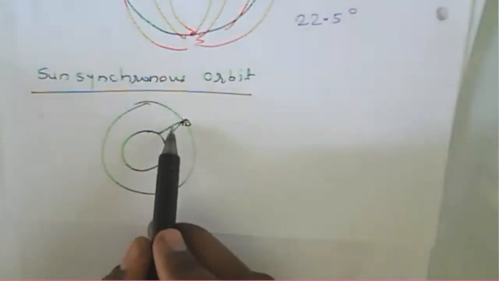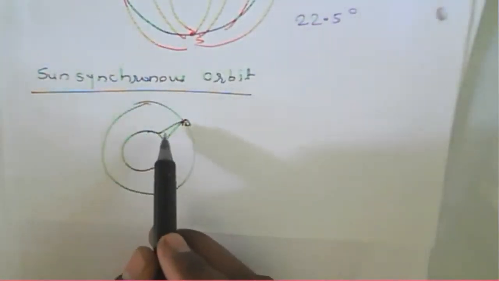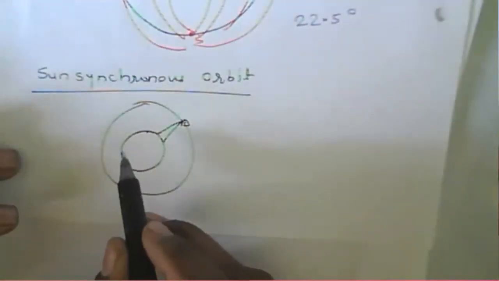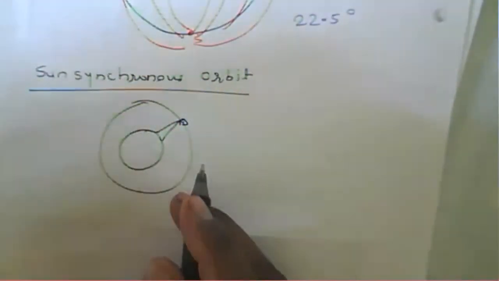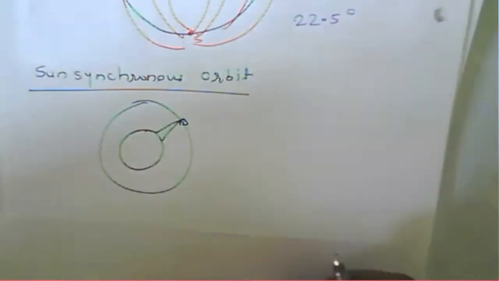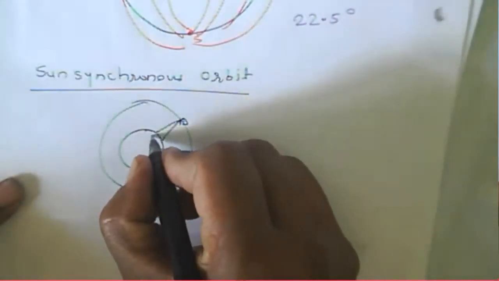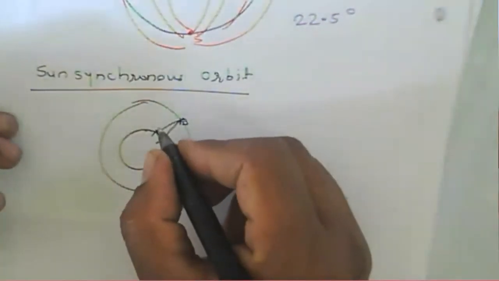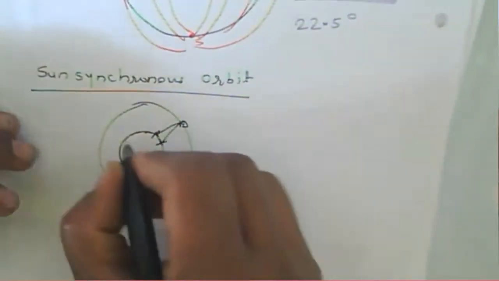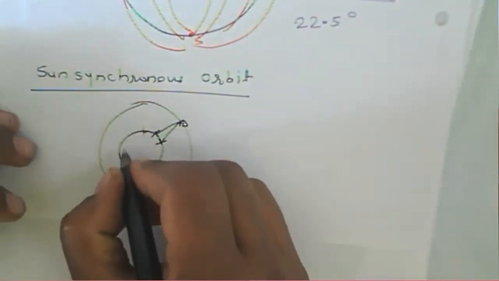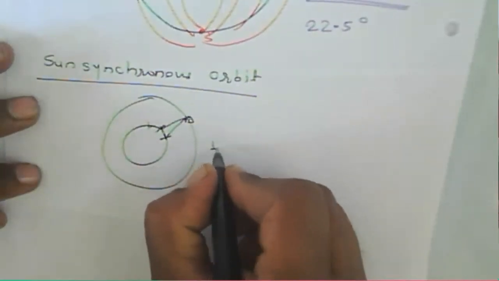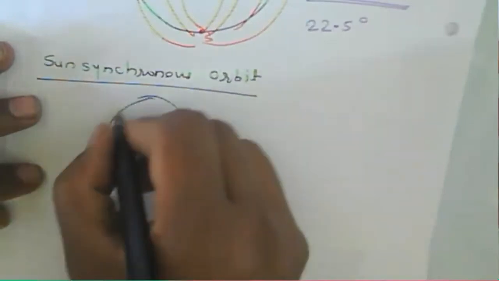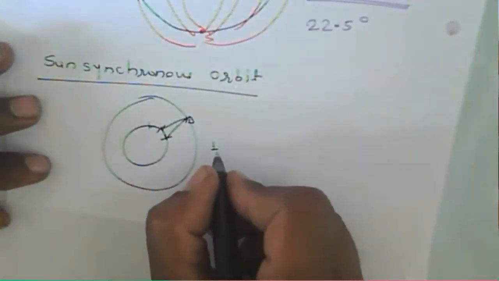To cover the complete surface of the Earth, we require multiple revolutions. So this particular span or area is to be covered by the satellite, and to cover it requires one particular rotation.